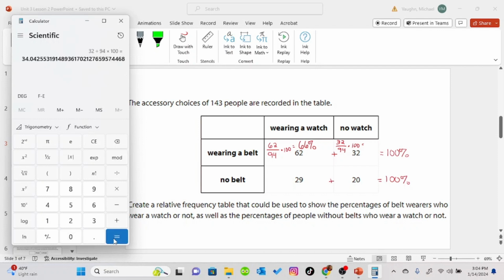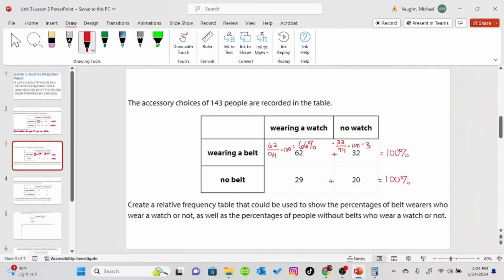And that rounds to 34%. So 66% of those who wear a belt also wear a watch, and 34% of those who wear a belt wear no watch. And notice our percentages, 66 and 34, add up to 100%. That's what we want to see.